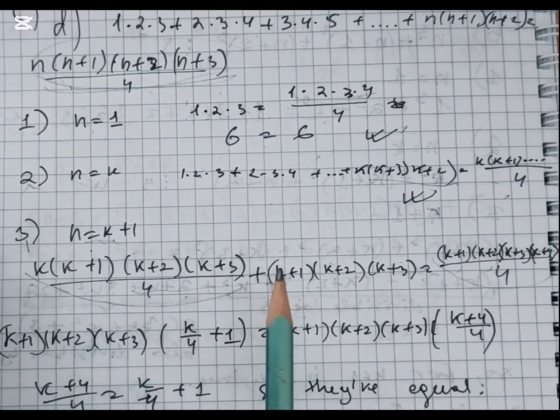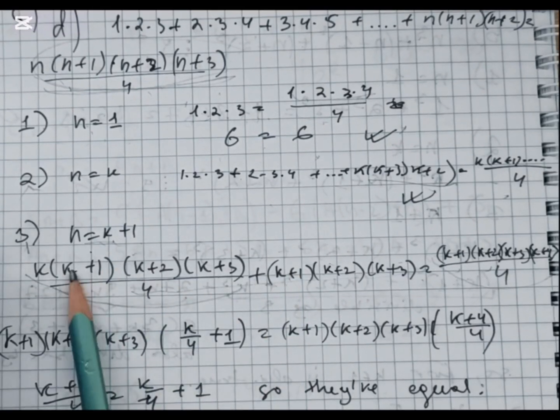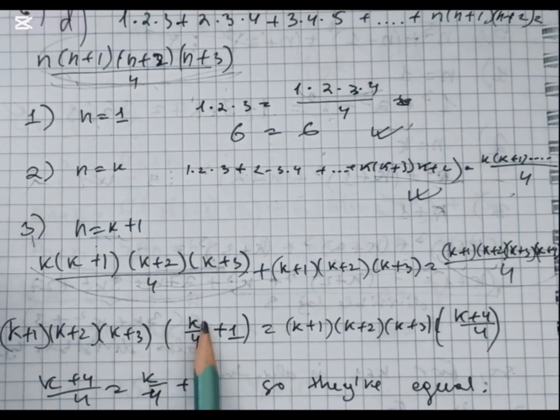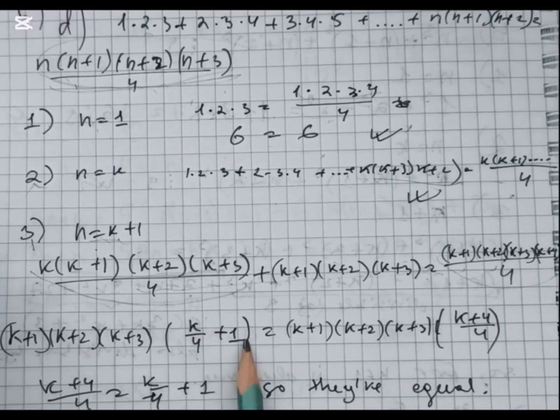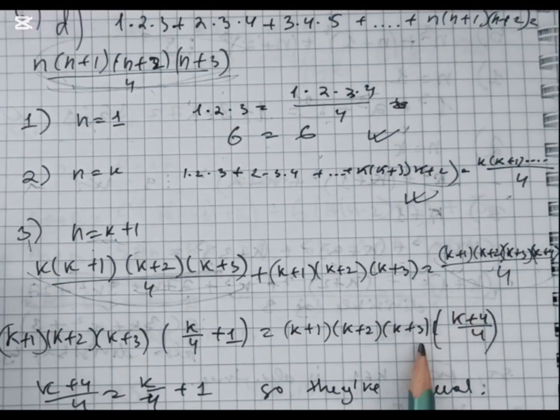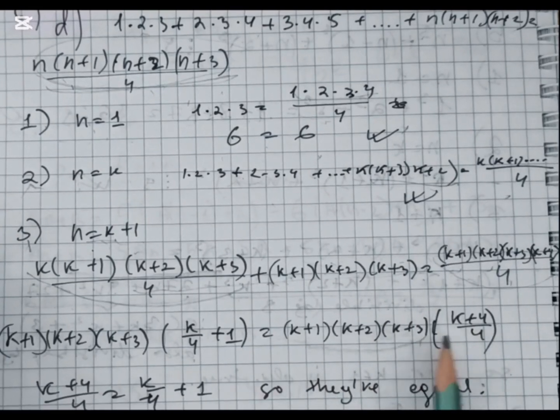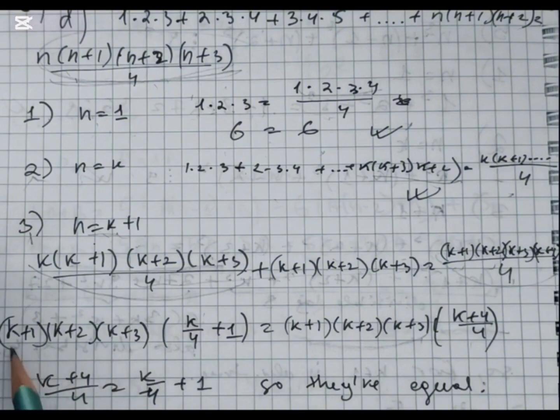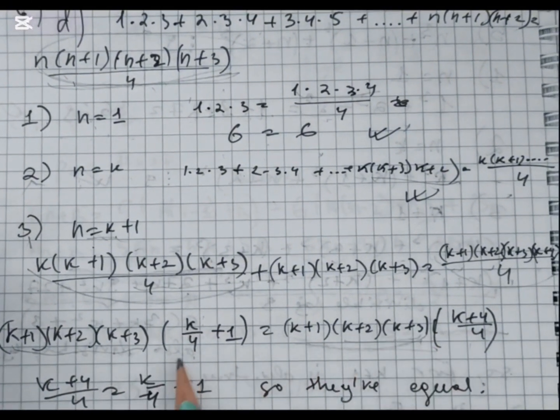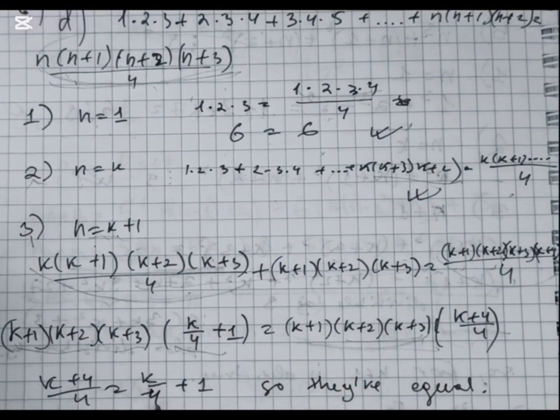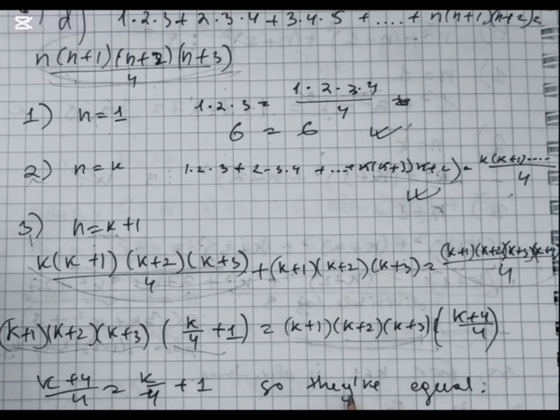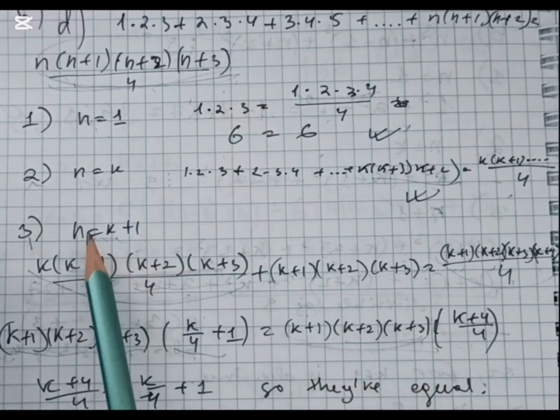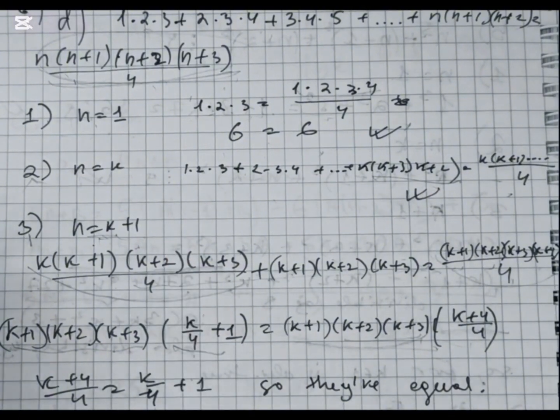And if we take this multiplication out of the brackets, so k plus 1, k plus 2, and k plus 3, we have k over 4 plus 1, and here we do the same. So we take this out of brackets, and we have (k plus 4) divided by 4, and we can see that these are all already equal, and in these brackets they are also equal, so they're the same. So we prove that this equality is true for the next numbers also.